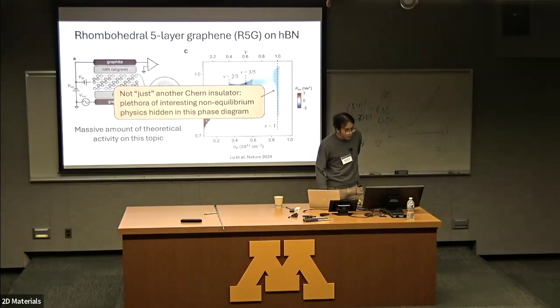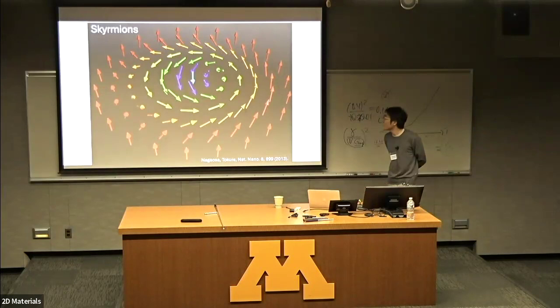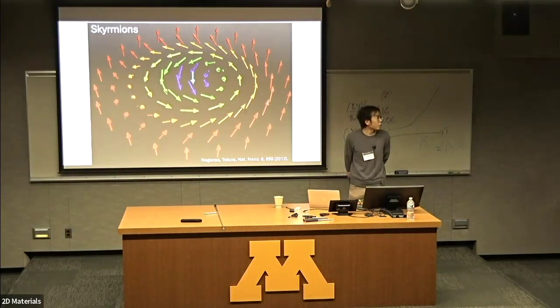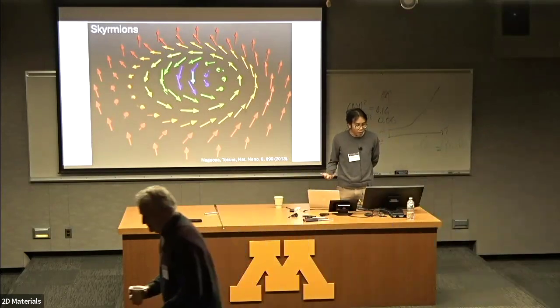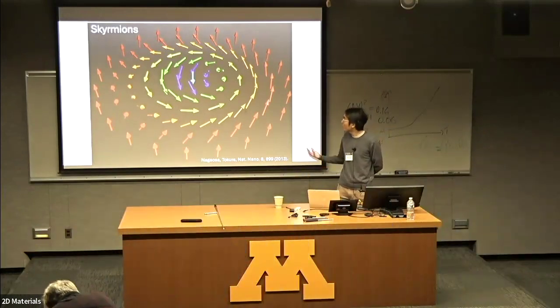To explain that, let me first talk about something completely different, and that's skyrmions. This is a picture of a skyrmion. A skyrmion is just a topological texture in some continuum spin field.